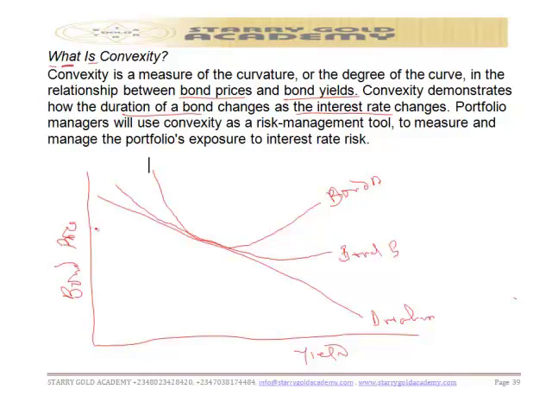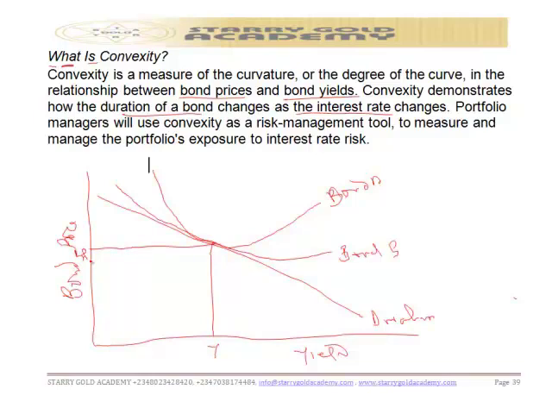Understand? We have the bond price, and look at this. This is where both bonds intersect. Let me try to make this a bit explanatory. I will try my best to make it explanatory so you can get it once and for all. Now, this is where all these bonds intersect. This is the yield, and this is the bond price.